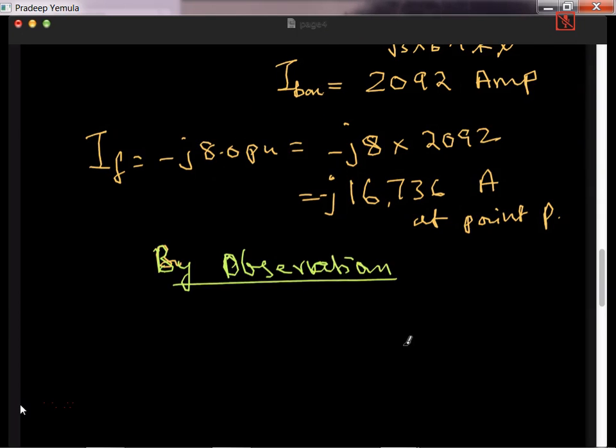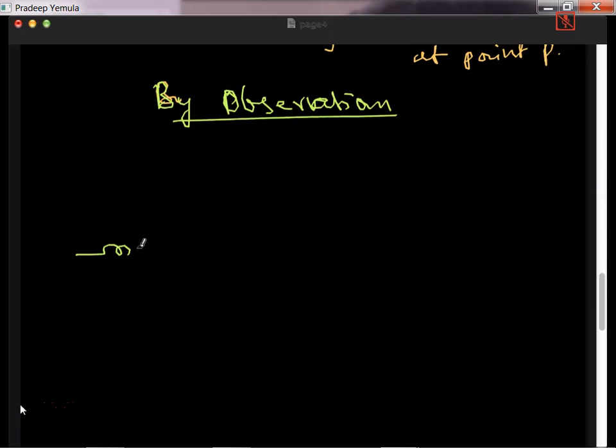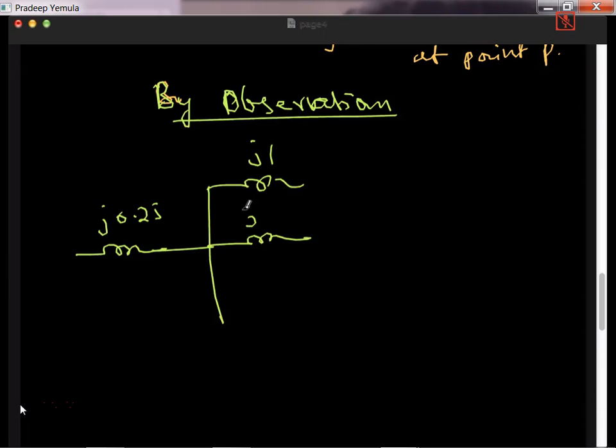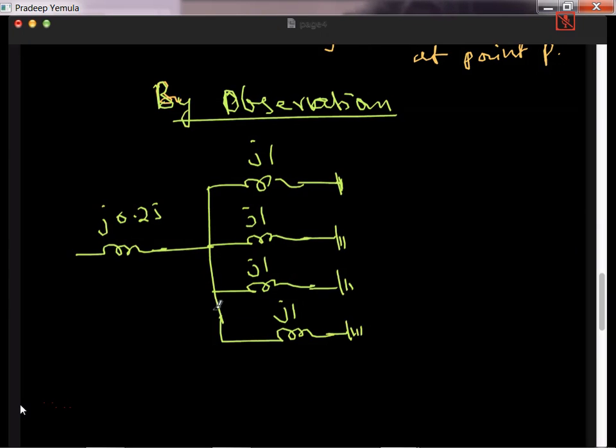Let's see this. I am having J0.25 here. Then I have J1, J1, J1 and J1. Now this side is grounded, this side is grounded, this side is grounded, and this side is grounded. And then there is a fault here at point P. We already calculated that this is minus J8 per unit.